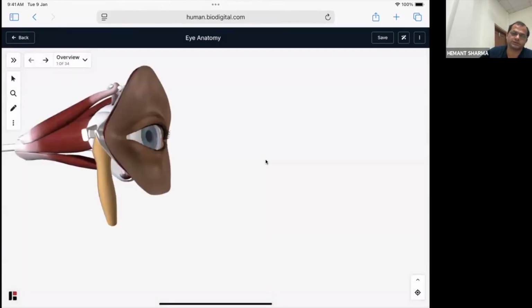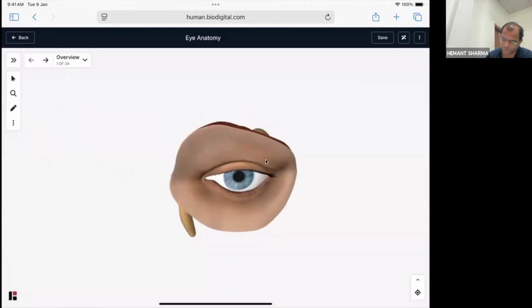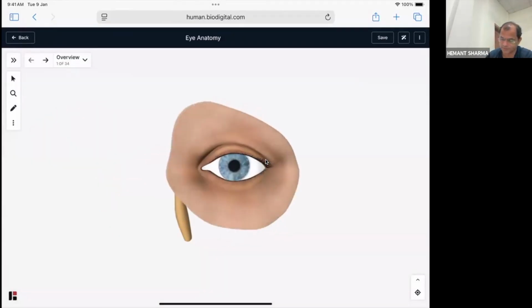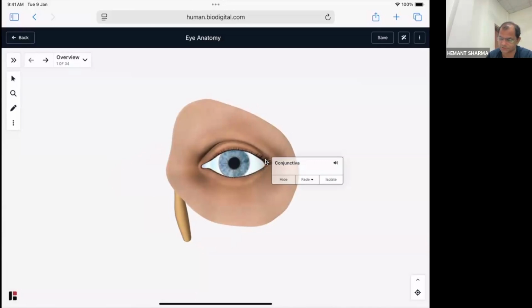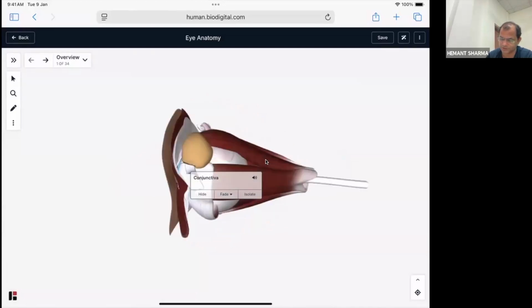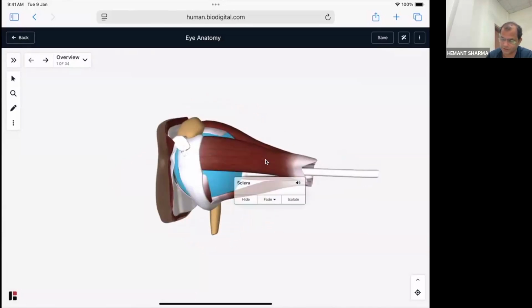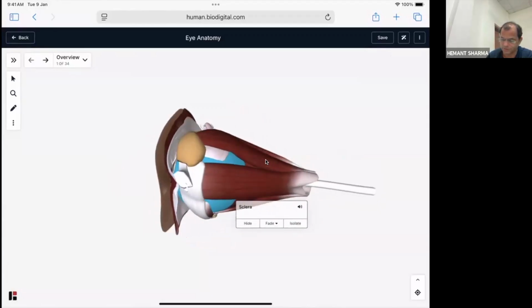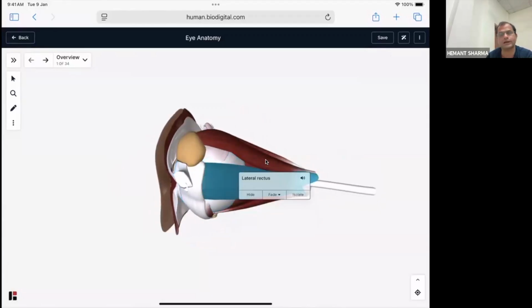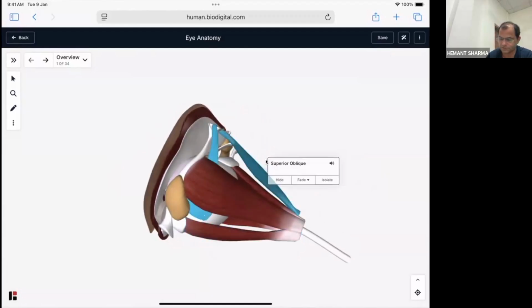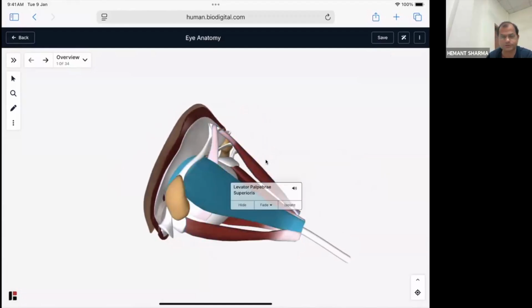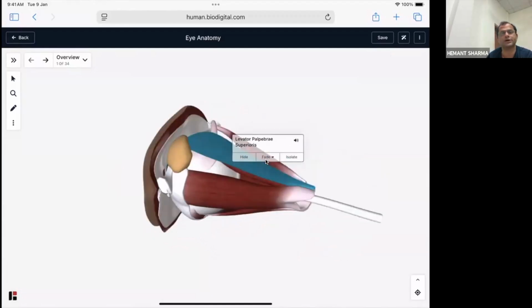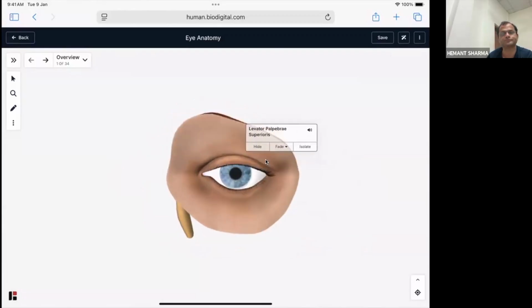sclera. इसका summary we can see here. So this is the eye. This white part is, okay, we can see here, the sclera. And sclera having attachment of all these muscles: lateral rectus, medial rectus, superior rectus, all the muscles attached with the sclera.